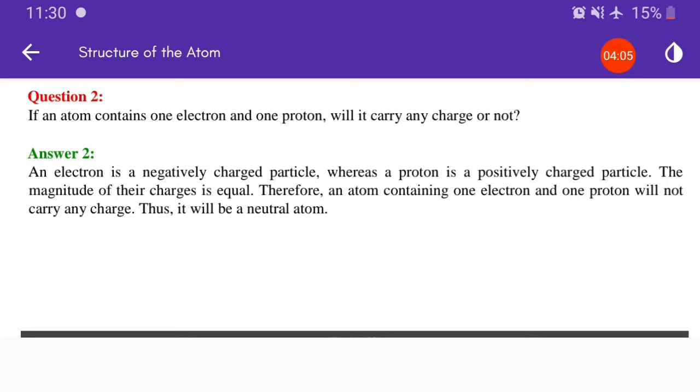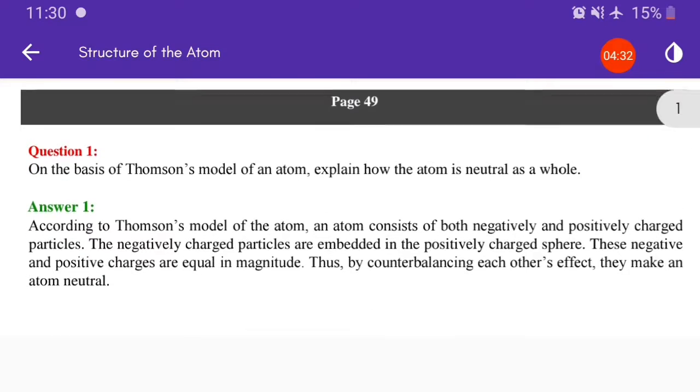Therefore, an atom containing 1 electron and 1 proton will not carry any charge. Thus, it will be a neutral atom, because both electron and proton are equal in number, so there is no possibility of a net charge.